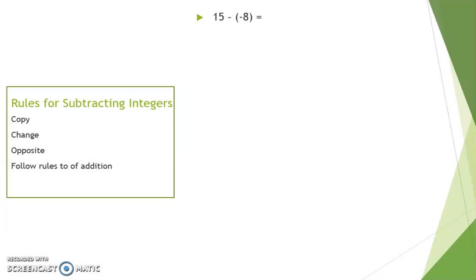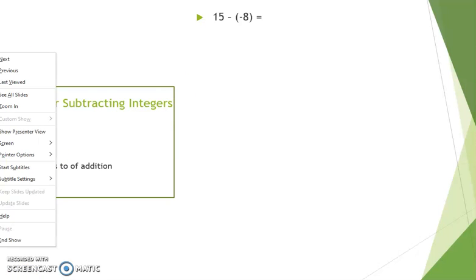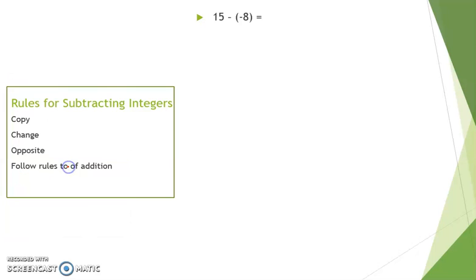In our first example here, we have positive 15 minus a negative 8. According to our rules, we are going to copy our first number. So we're just going to rewrite our first number, which is 15.